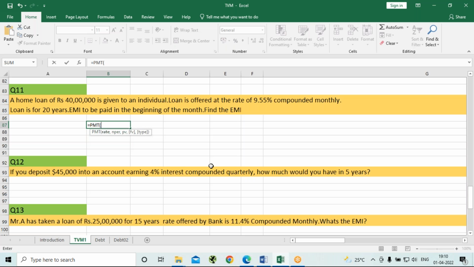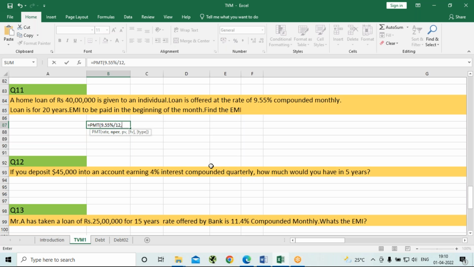Next, we calculate with the PMT value. So PMT, the rate is 9.55%. As it is EMI, a monthly installment, it is a monthly calculation, so we divide it by 12, comma, nper. It is the total tenure.